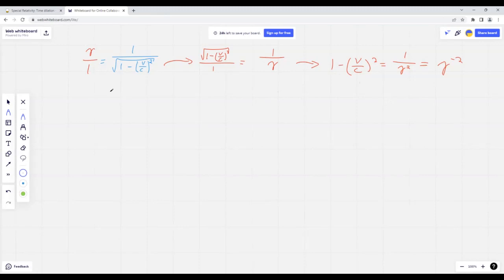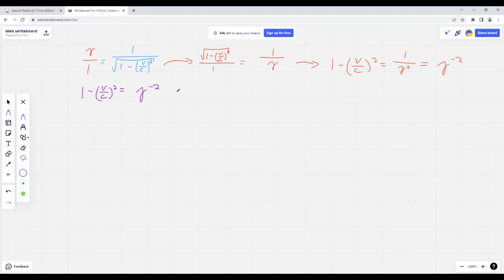Okay, then from here, we want to finish solving, eventually getting to just v over c. So I'm going to rewrite that together on the next line and just swap colors to maybe make it a little bit easier to follow. If we have 1 minus v over c squared equal to gamma to the -2, and I'm still looking for v over c, then I've got this 1 that's in the way.